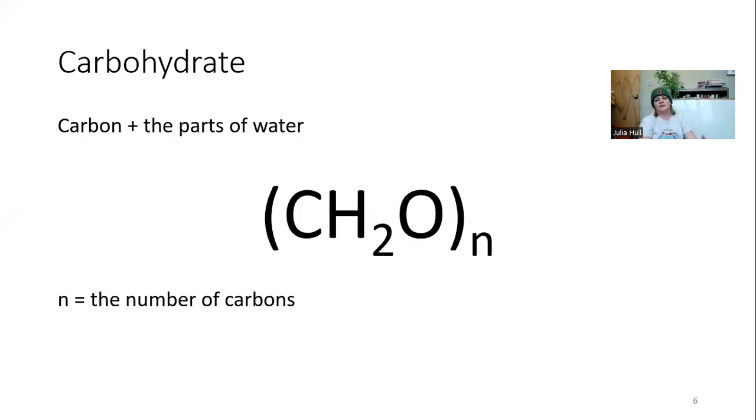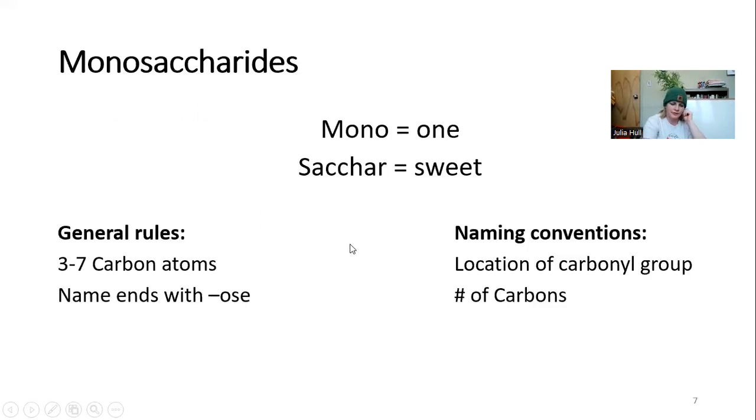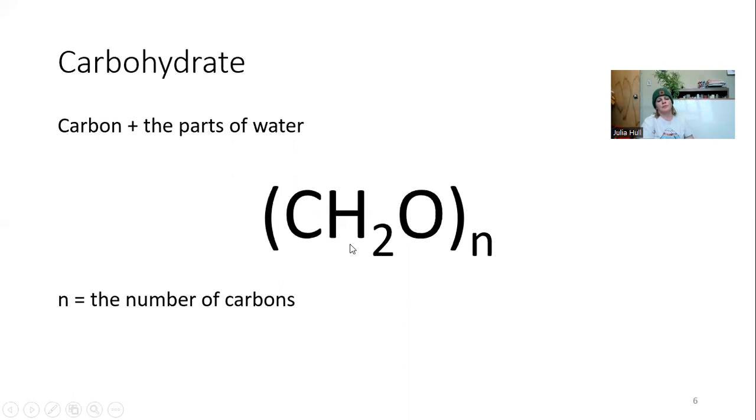So carbohydrates are basically carbon. If you take the word apart, carbohydrate means carbon and the stuff that's in water, right? If we look at this chemical formula here, we can easily see the water part, H2O. We almost always, but not always, find the same number of carbons and oxygens, and then twice as many hydrogens.